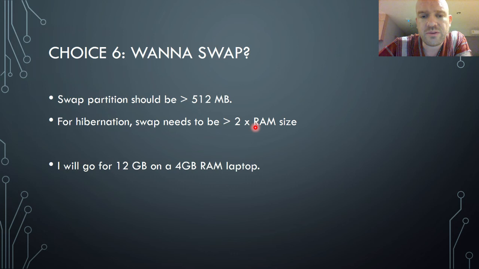But I don't know. It seems like if you're working on a very big video file or something like that, maybe it's good. I don't know. But I guess I will go for 12 gigabytes on a 4 gigabyte RAM laptop. So it's 3 times RAM. So I should be safe, but I'm not overdoing it. I don't know.